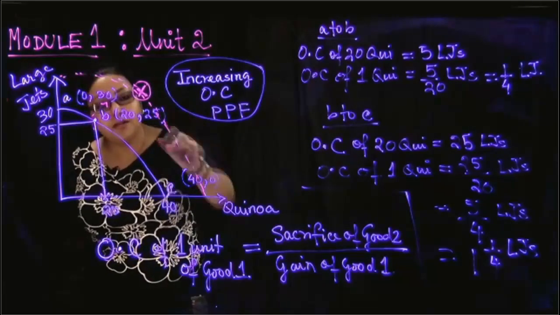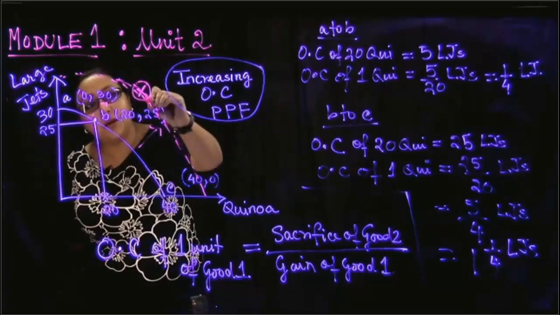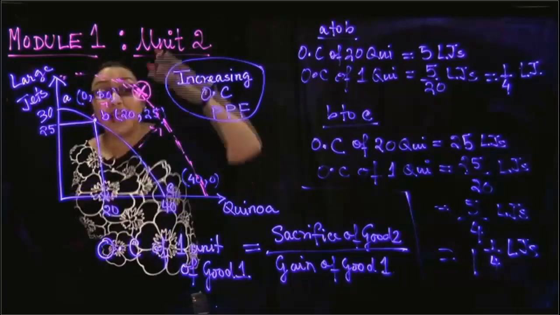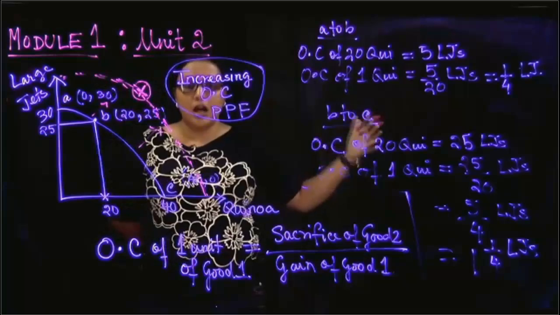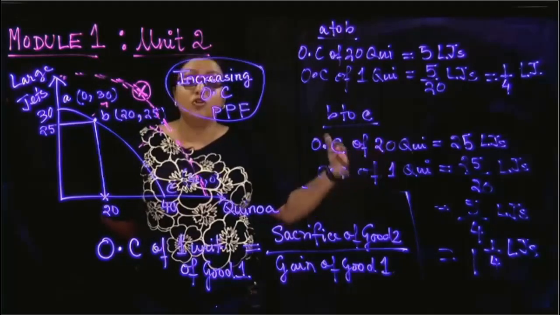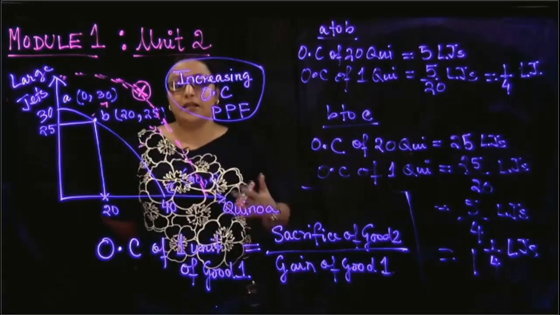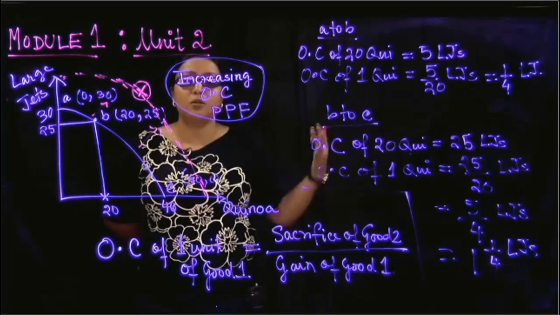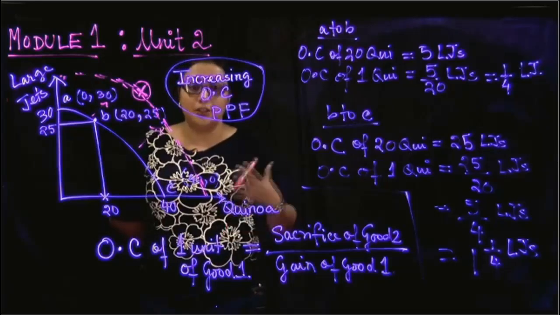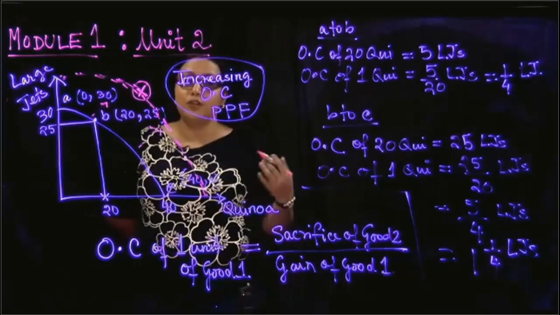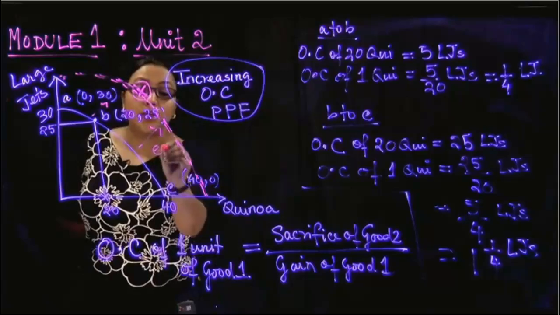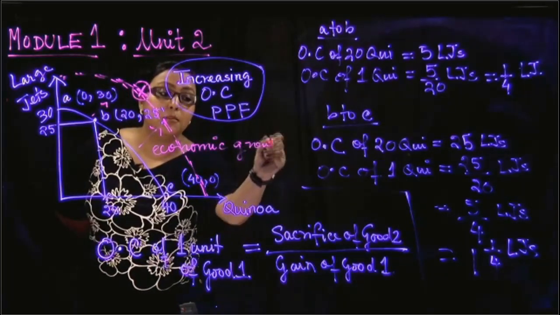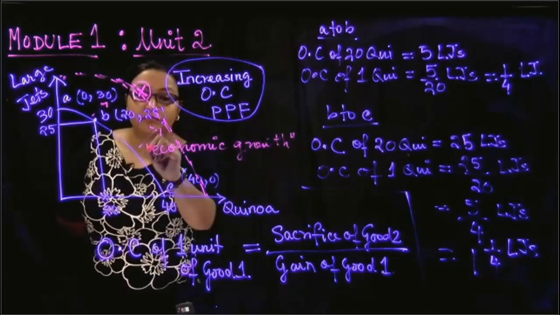If the PPF moved out, then the points which are unfeasible for production today might become possible and efficient for production tomorrow, right? So what is unattainable today might become attainable in the future, but it's only possible if the resource pool of the country increases, and the resource pool of the country only increases when there is economic growth. So economic growth makes this possible.